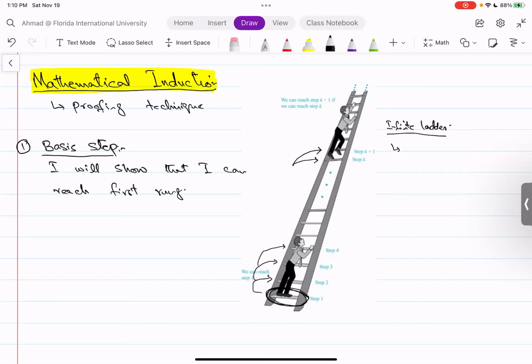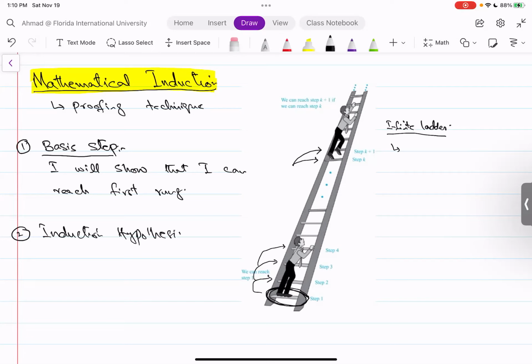If I can prove that, then in the second step, I will set up my induction hypothesis. Let me just write it here: induction hypothesis.